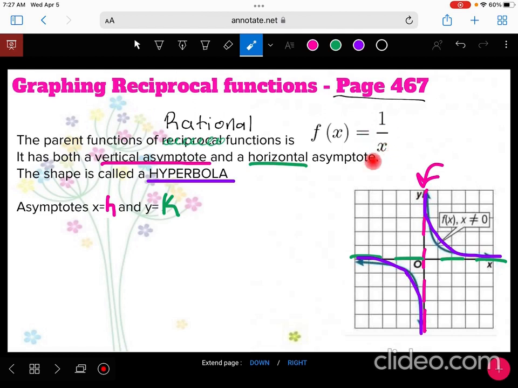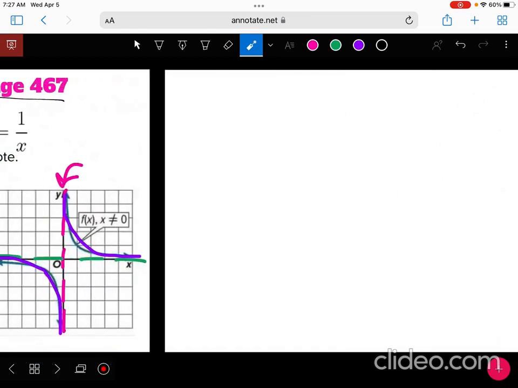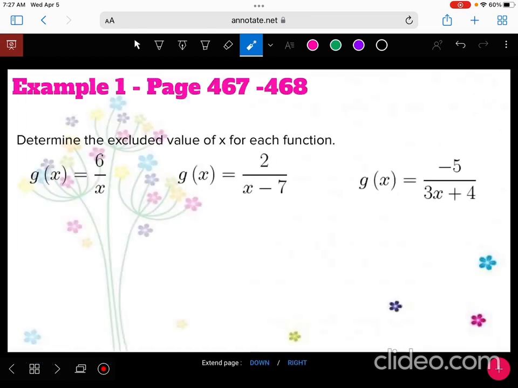So we are always going to have an asymptote where our denominator is 0. They're calling that the excluded value. Where is our denominator 0? That's what they're asking for here. So the excluded value means when is the denominator 0? What is the one thing x can't be?